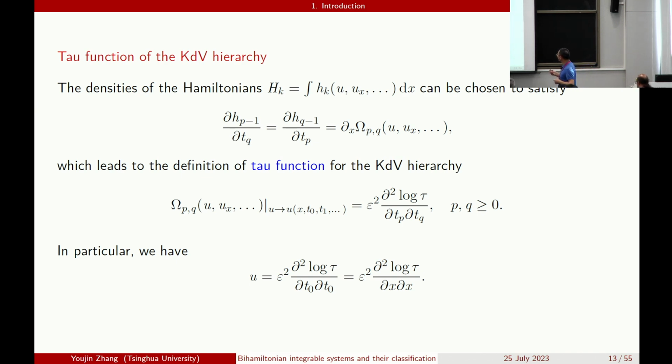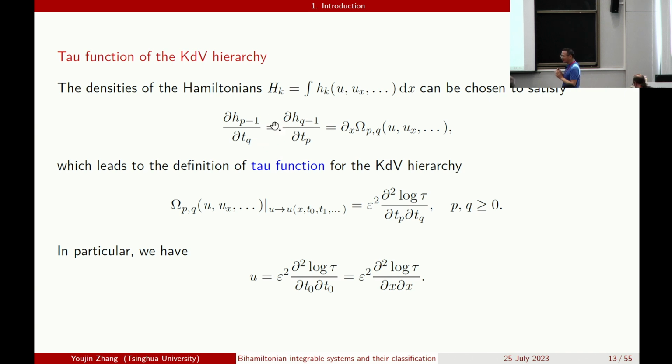This means that for the density of the Hamiltonian H_k there is an ambiguity. You can add any total x-derivative to this density of Hamiltonian, and the variational derivative is the same. This ambiguity enables us to choose H_k in an appropriate way, so that the densities of the Hamiltonians satisfy what we call the tau-symmetry condition.